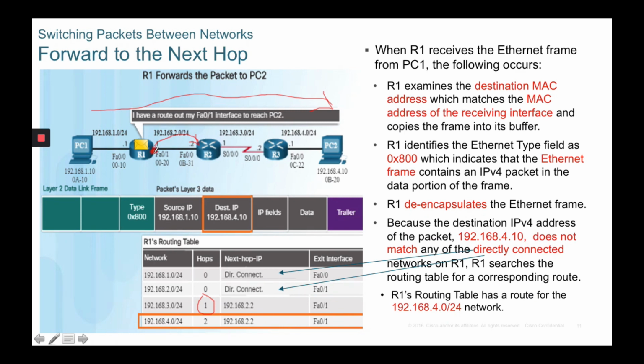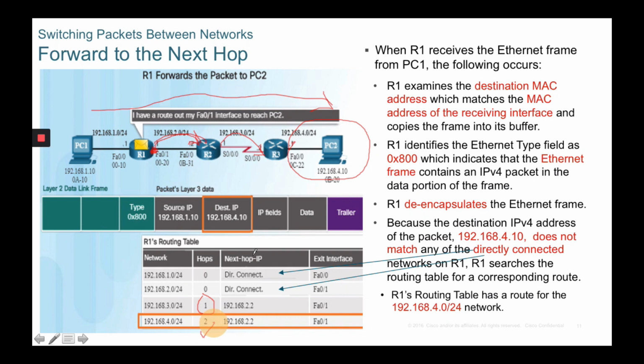Now, what if router 1 would like to go to the 192.168.4.0 network here? The number of hops will be: number 1, hop to this router one time, and number 2, hop to this router 3 interface, and only then reach the destination, right? So in this case, the number of hops is 2.